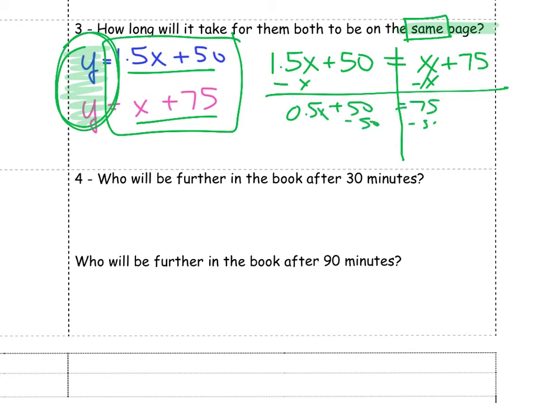Minus 50, 0.5x equals 25. Divide by 0.5, and once I put that in my calculator, I see x equals 50.